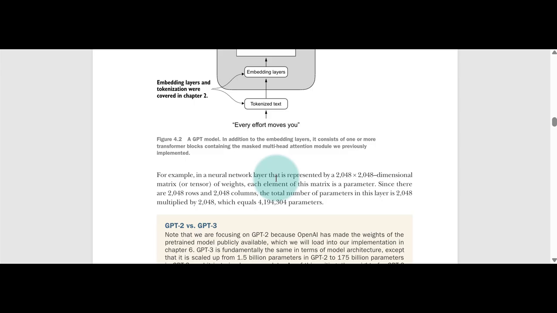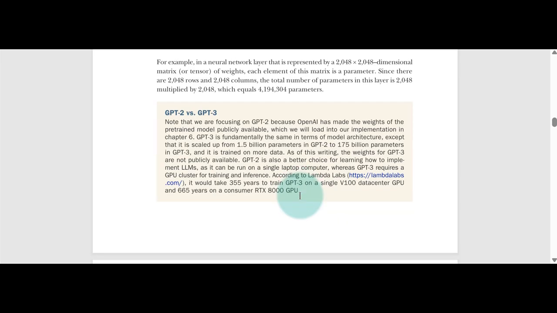GPT-3 is fundamentally the same in terms of model architecture, except that it's scaled up from 1.5 billion parameters, which I don't know where he got that, but I guess somewhere before he said that there are several different versions of GPT-2, and maybe the larger version is 1.5 billion parameters.